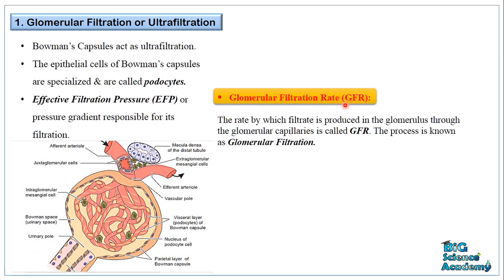Now we will discuss the glomerular filtration rate. So what is the glomerular filtration rate? The rate at which filtrate is produced in the glomerulus through the glomerular capillaries is called the glomerular filtration rate or GFR, and the process is known as glomerular filtration.